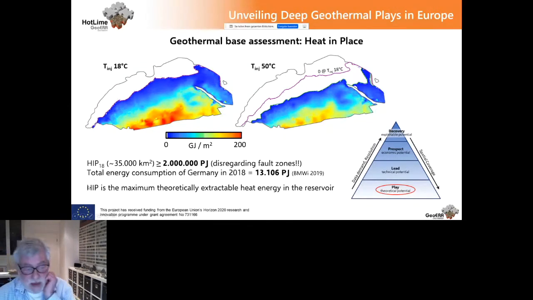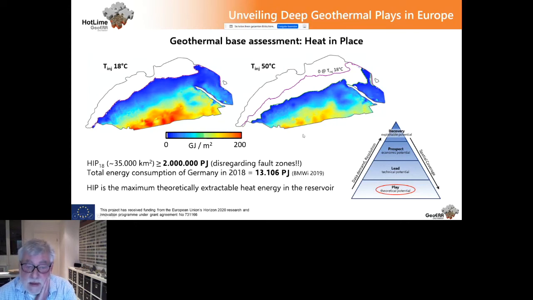But we have to be aware this method only delivers the maximum theoretical extractable heat energy in the reservoir. So in the reservoir pyramid, we are still on the lowest level, and with further investigations, the recoverable energy might shrink.